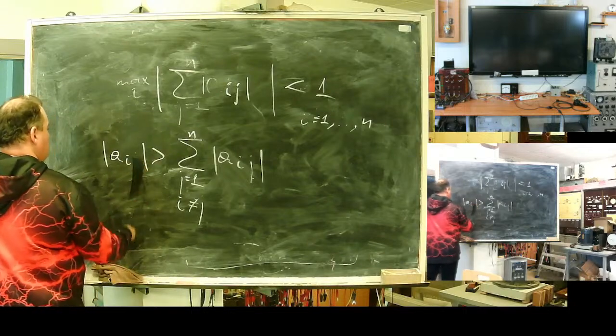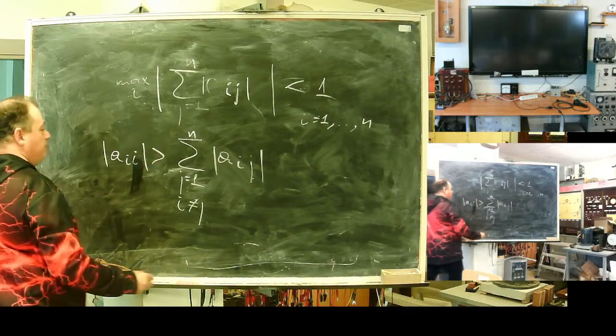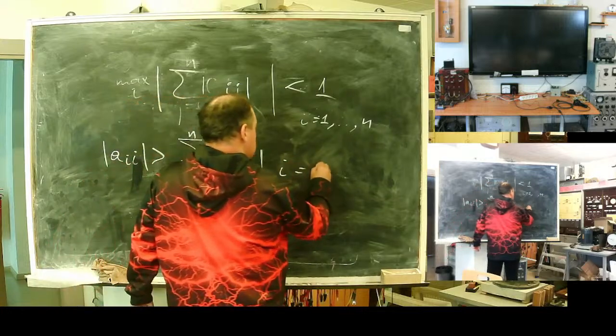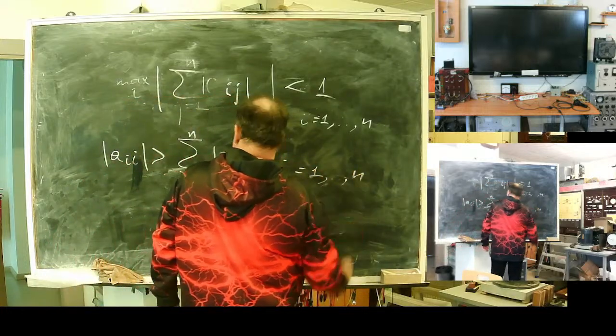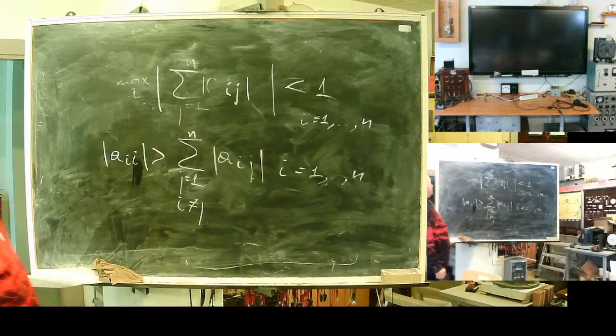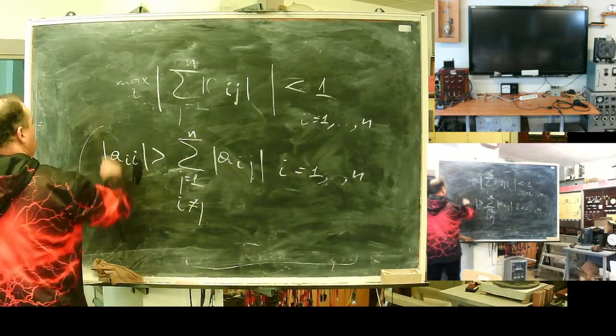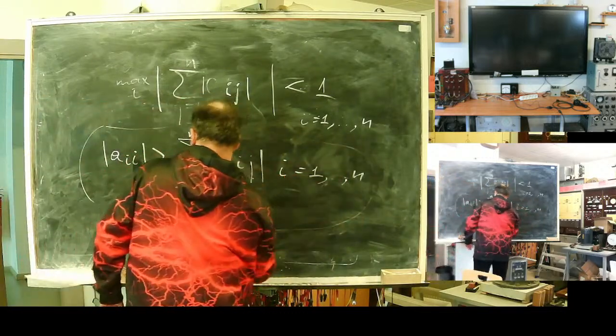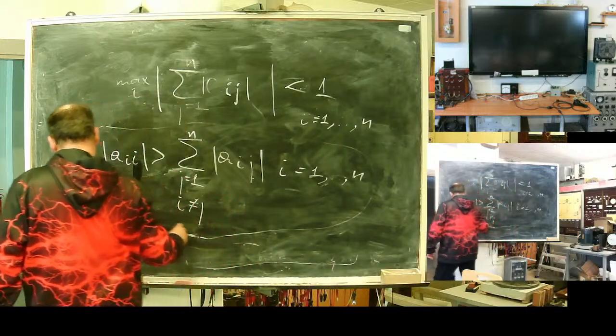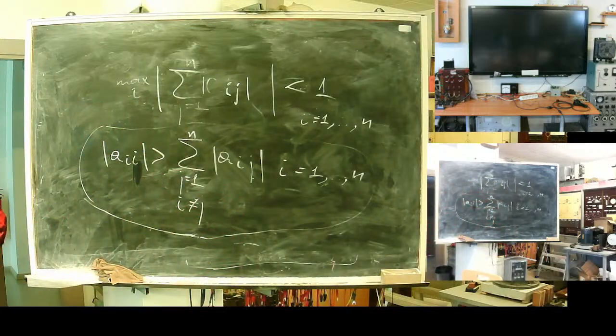Sorry, I should change from 1 to the number of elements. Here is convergence, one of the convergence conditions of the Jacobi technique. What do you see? Mass. It's a bad thing.